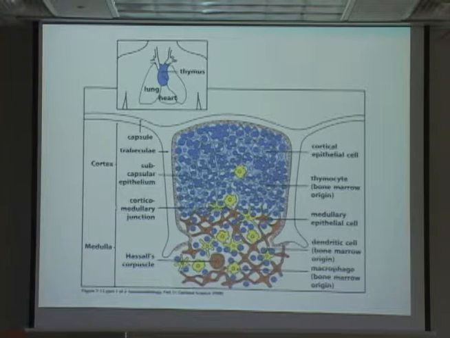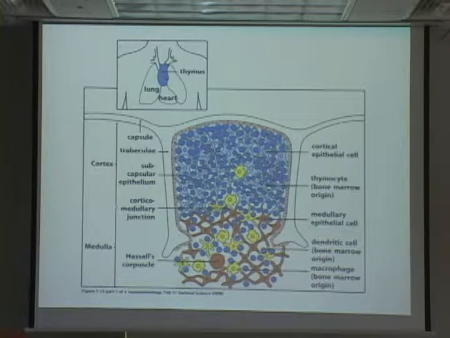That's one point. And secondly, there's a lot of interest in the expression of so-called AIRE genes, A-I-R-E genes, which are transcription factors that lead to the selective expression of a variety of self-antigens like insulin or like thyroglobulin by the medullary cells, in these medullary epithelial cells here.